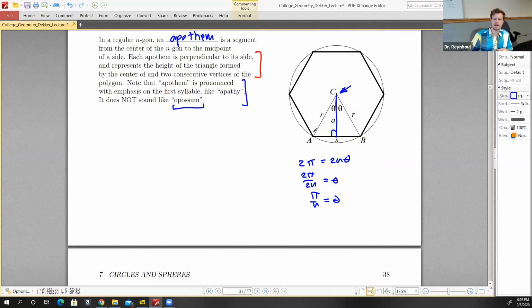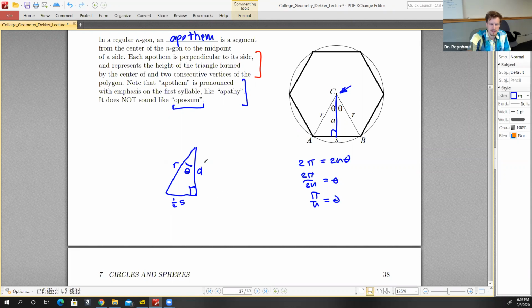So using right triangle trigonometry, we have a right triangle that we could draw like this. This angle measure is theta. This side length is a, this side length is r, and this side length is 1/2 of s.